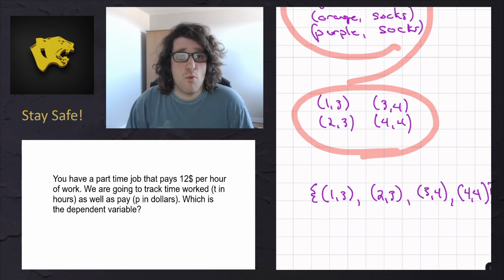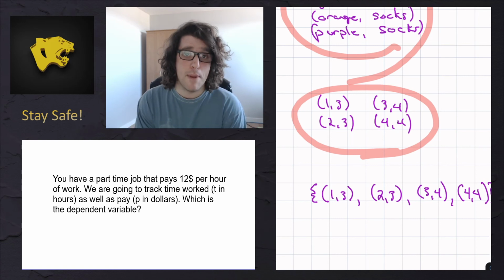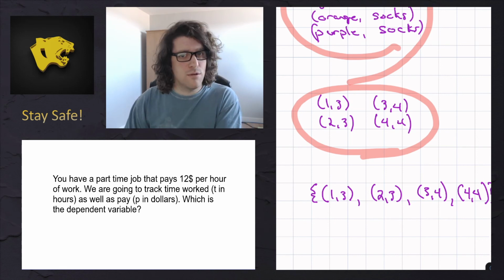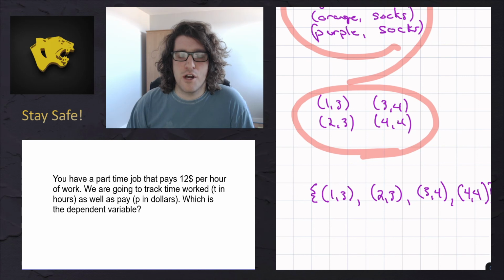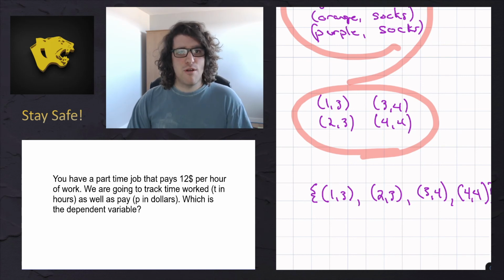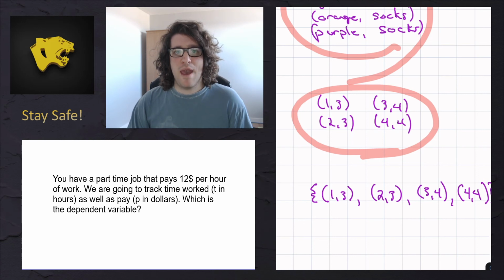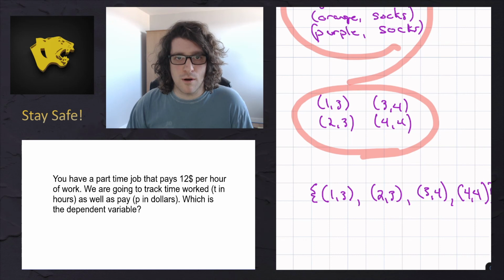But the clearer of those two options is this: you are going to work. At that point, you have probably not been paid yet. So you are going to submit the number of hours that you have worked, or it's being tracked at your job, and in turn you are then going to receive pay for those hours. So the pay that you receive is dependent on the number of hours that you worked.